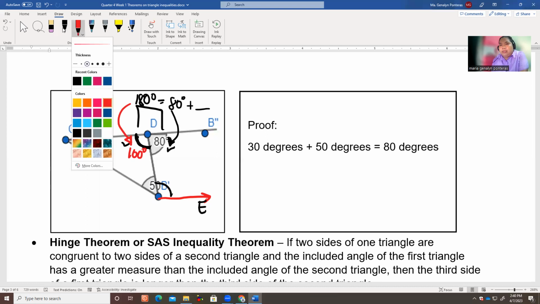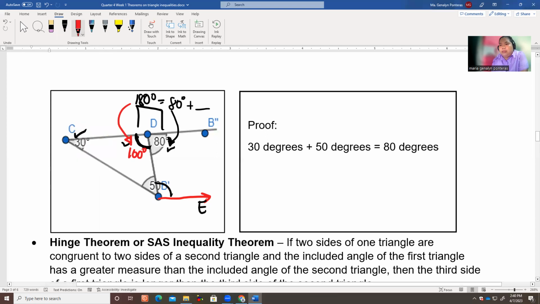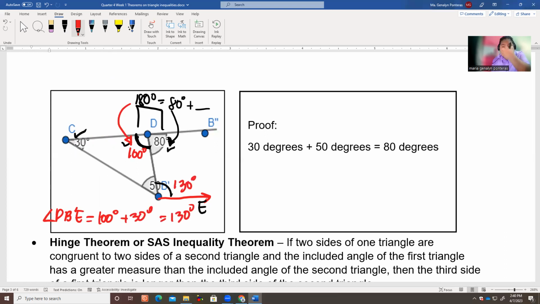So if this is 100 and this is 30, using the definition, the angle B prime E is 100 degrees plus 30, which is 130 degrees.